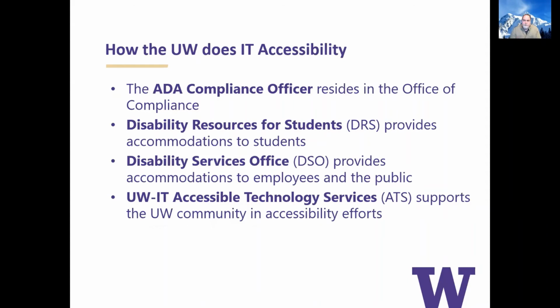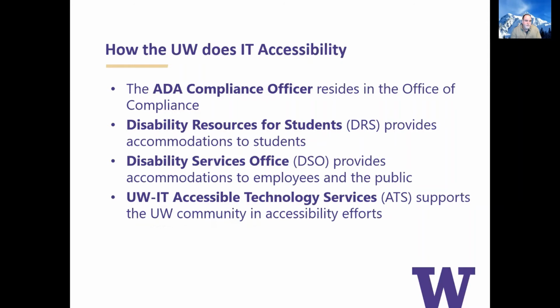So how do we do it at the University of Washington? We have a multi-pronged approach. Overall, we have an ADA compliance officer that is part of the Office of Compliance. That would be one of the places where complaints might potentially go. For accommodations, we have the DRS office, Disability Resources for Students. They deal with anything that's student related as far as accommodations.